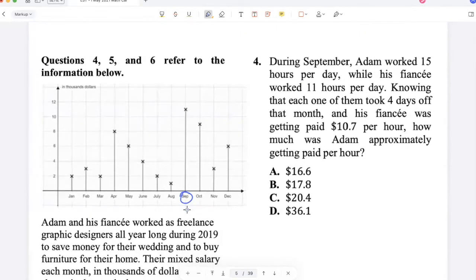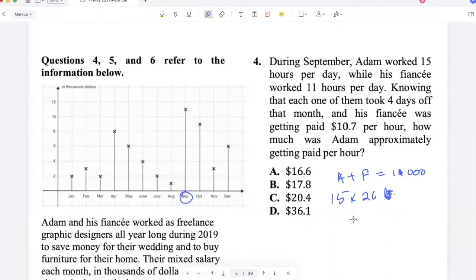Okay. So I think they made about $11,000 together. So Adam plus fiancée is $11,000, and Adam worked 15 hours per day and he worked for 26 days. So 15 into 26 hours.